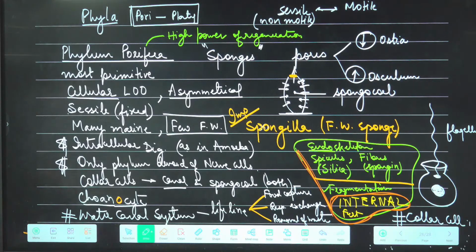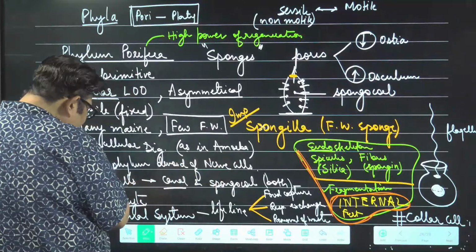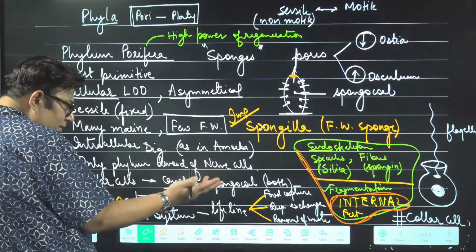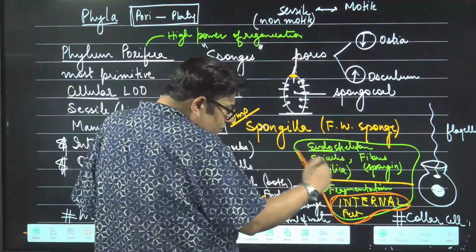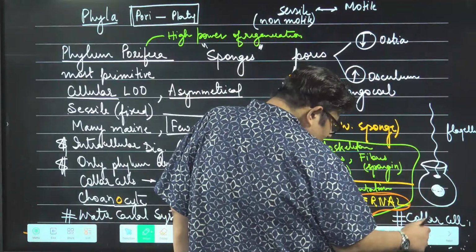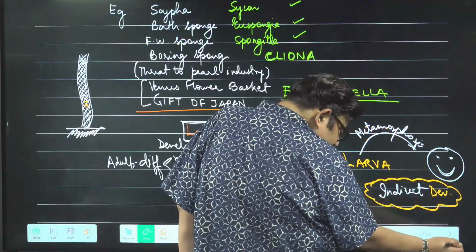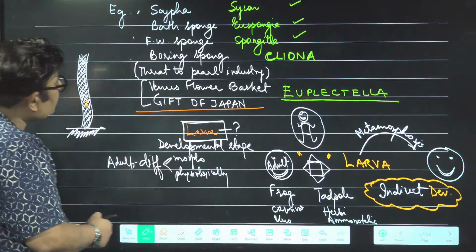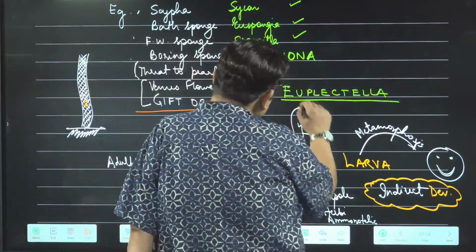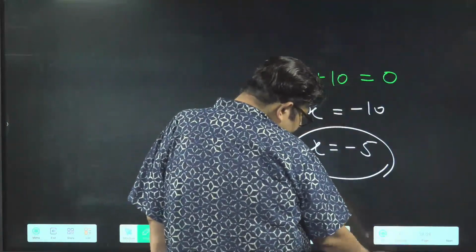Also, it is not separately written that neurons are absent, but from my experience I picked the phylum where nerve cells are absent. All other facts are in your textbook, so it is your responsibility to remember these examples.